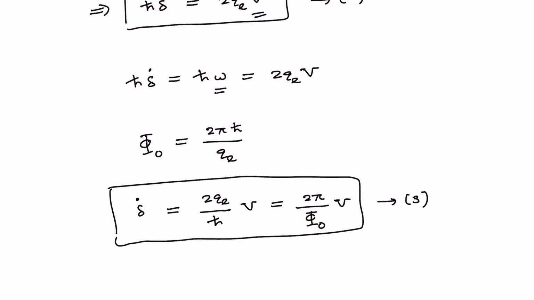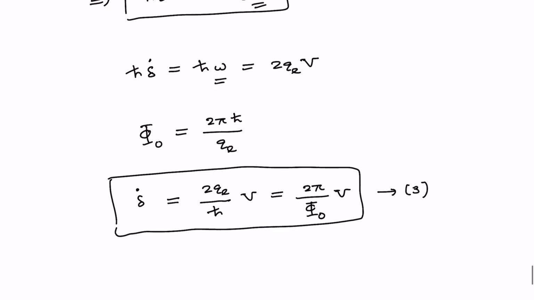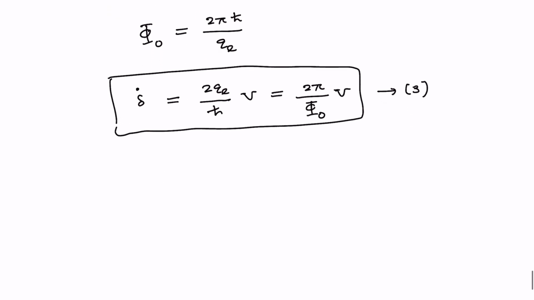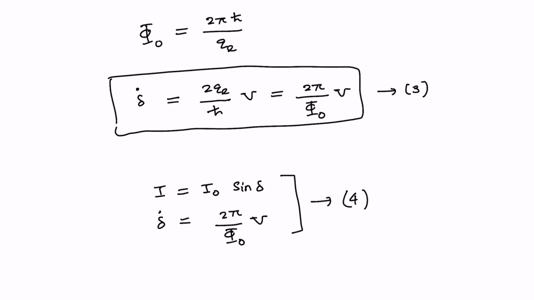Let me now show you using equation 1 and 3. Let me write the equations once again. Equation 1 was I is equal to I naught sine delta, and the other equation says delta dot is equal to 2 pi by phi 0 into voltage. Let me say this set of equations is 4.